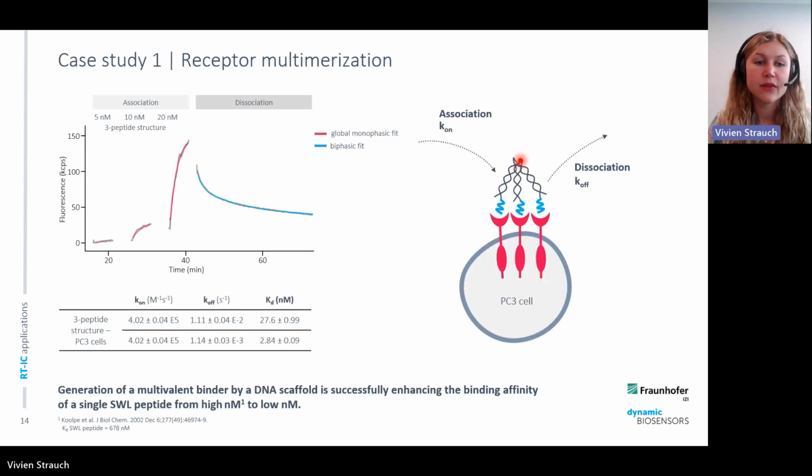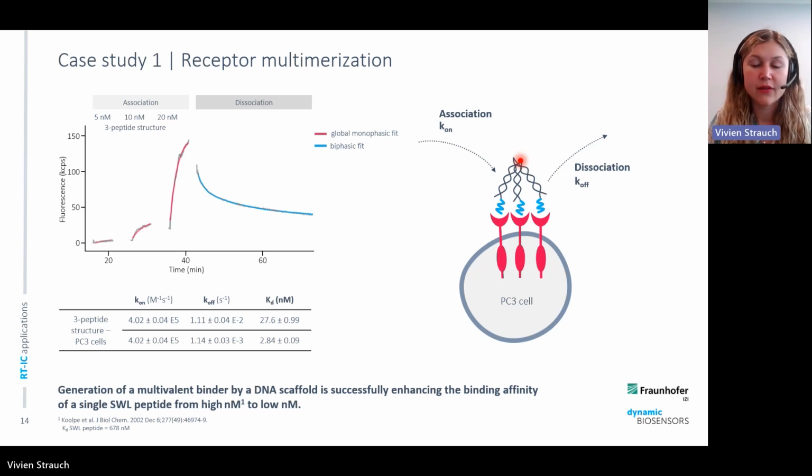Now in this graph, you can see an example for a full kinetic measurement of the trivalent peptide structure. So we have 3 peptides binding to their receptors in this case. And this demonstrated how this multivalency really changed the affinity of the peptides for their receptor.